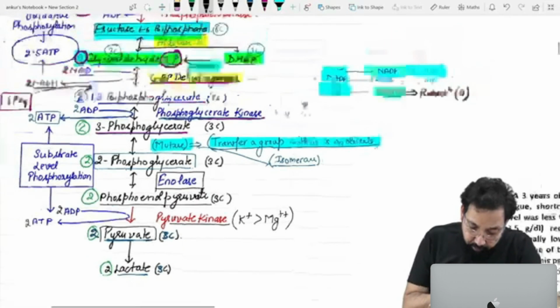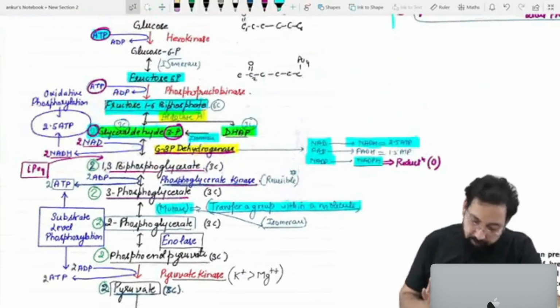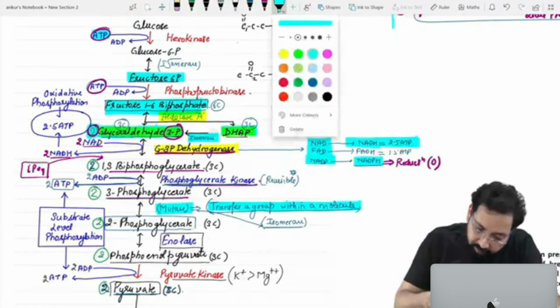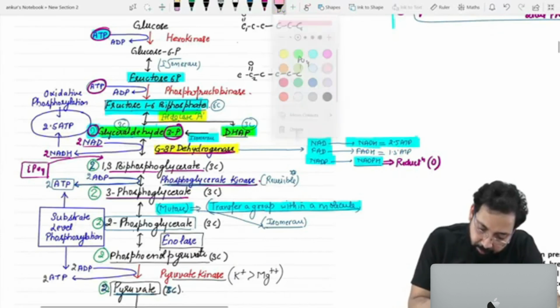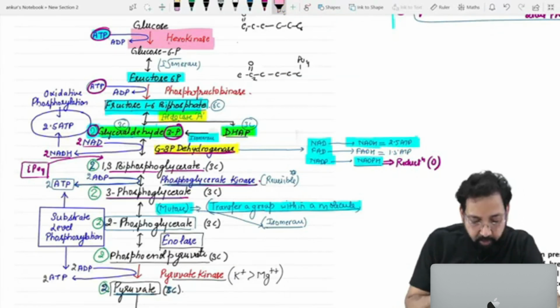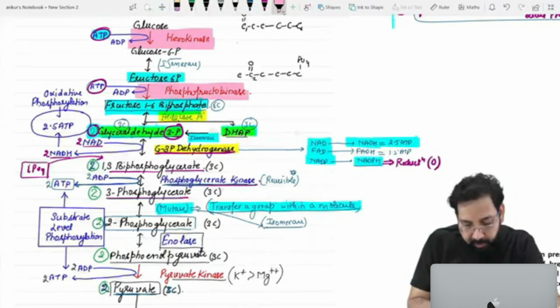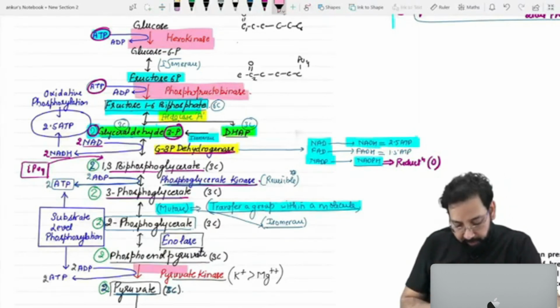So I have told you this glycolysis. In this glycolysis, there are 3 irreversible steps. One is catalyzed by hexokinase, second by phosphofructokinase, third by pyruvate kinase.